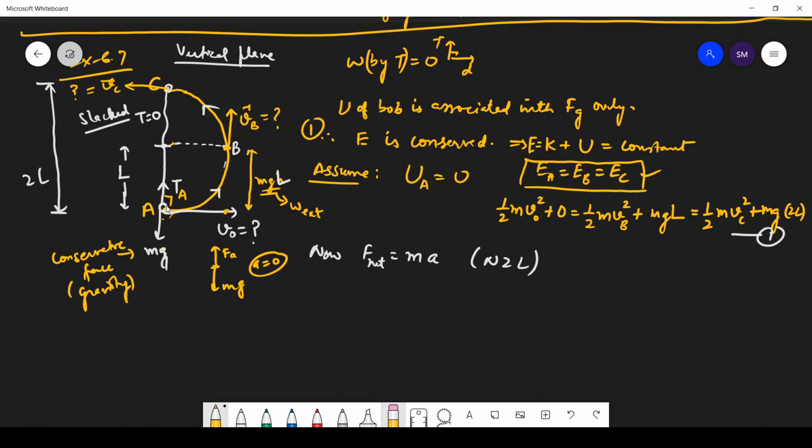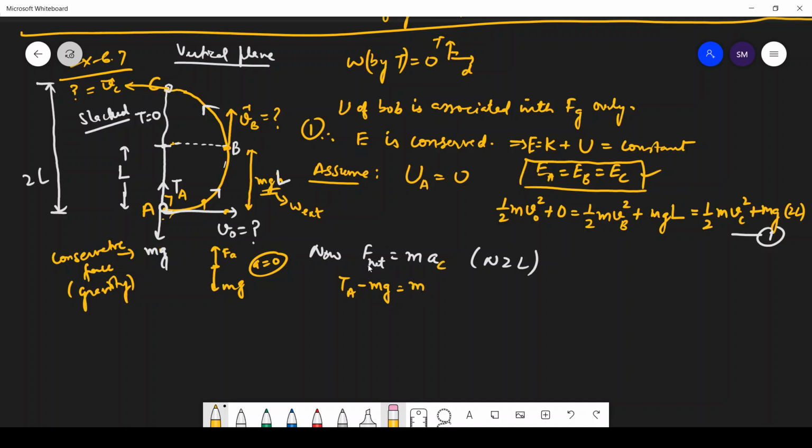But if it is moving upward in the direction of TA, it means TA is greater. So greater minus smaller is equal to mass into acceleration.